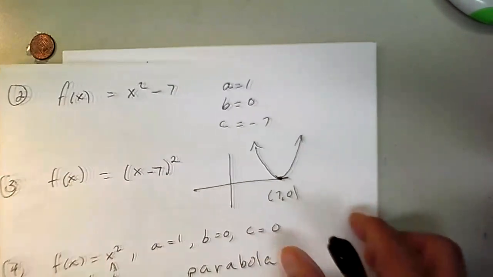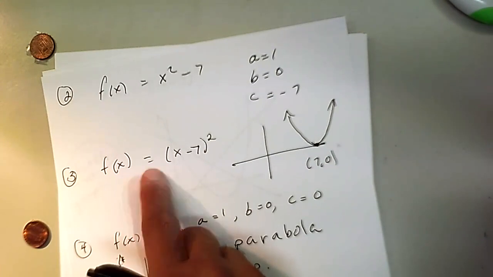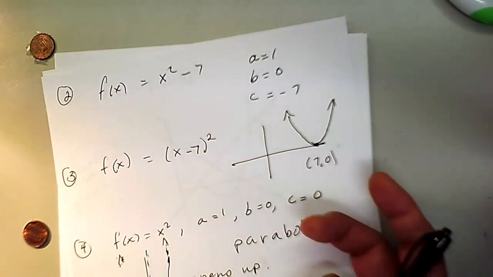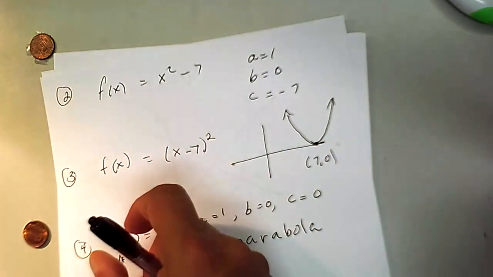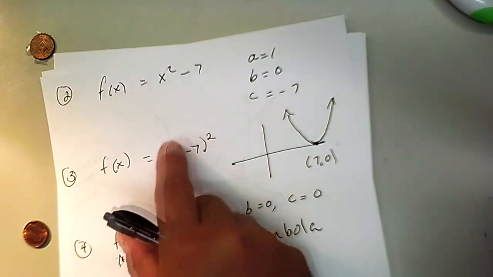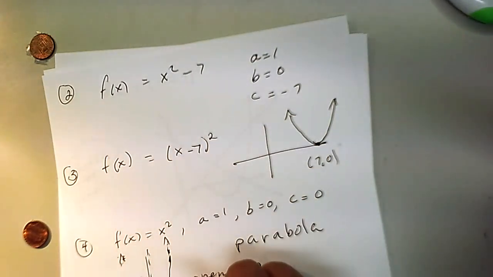We have to FOIL this out to unpack a, b, and c, because this is not x squared with a number and then x with a number. No, this is not in general form.